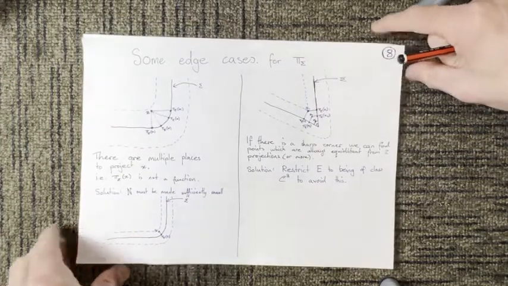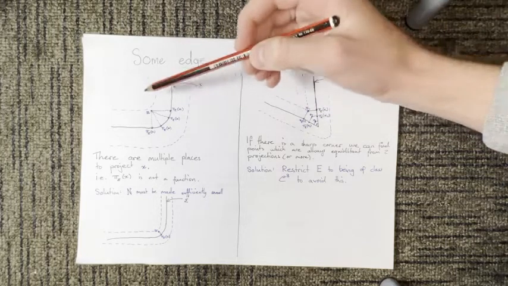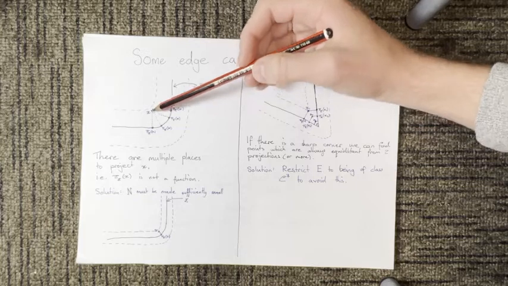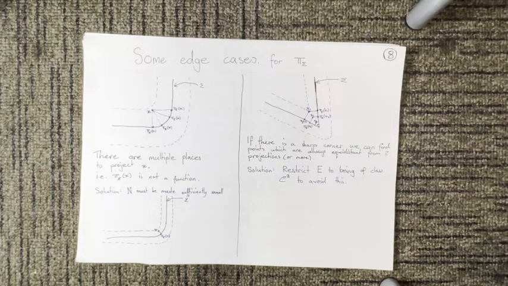So there are actually some edge cases or some bugs that come up when you're defining all of these things. If you're thinking hard enough, you could realize that this projection operator might not always work. So for example, in this circumstance here, we have a point x where there are multiple valid places it could be projected to, multiple closest locations on this hypersurface. So how do we deal with that?